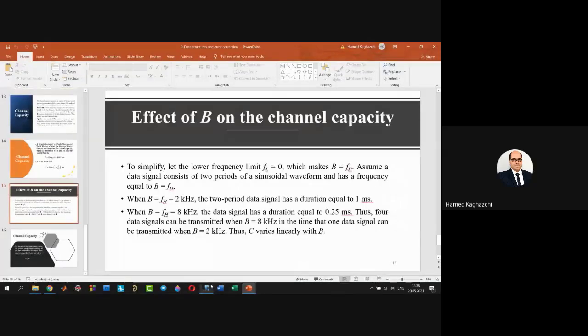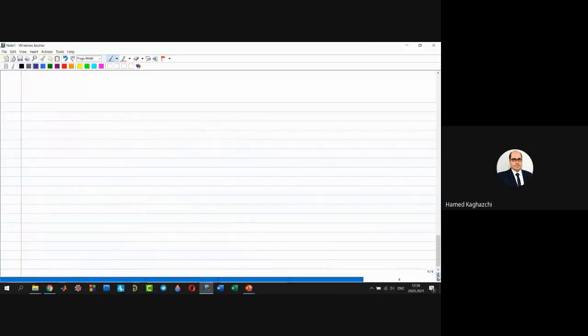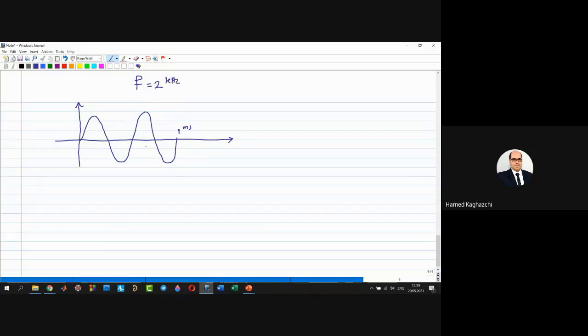Look at here. If the frequency of my data is equal to 2 kilohertz, it means that I have 2 periods in 1 millisecond.